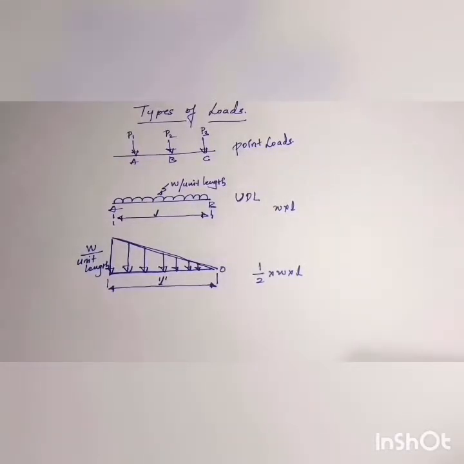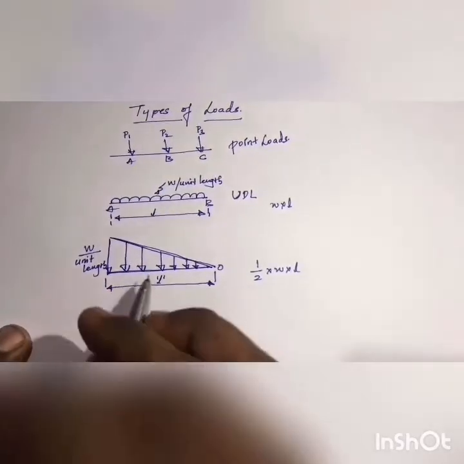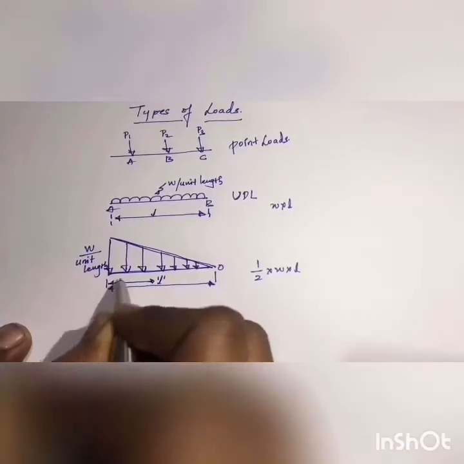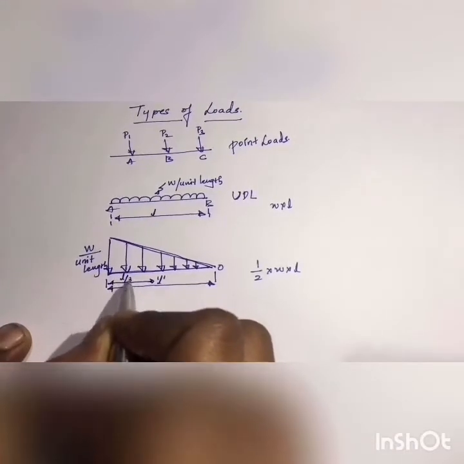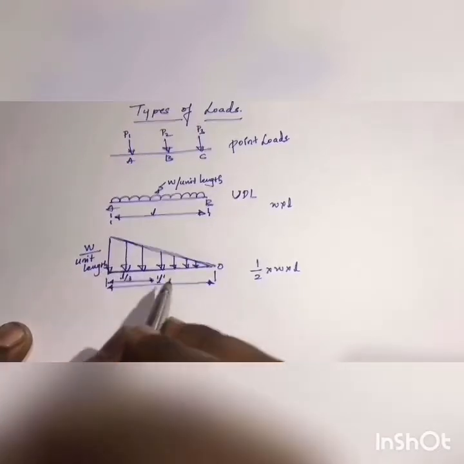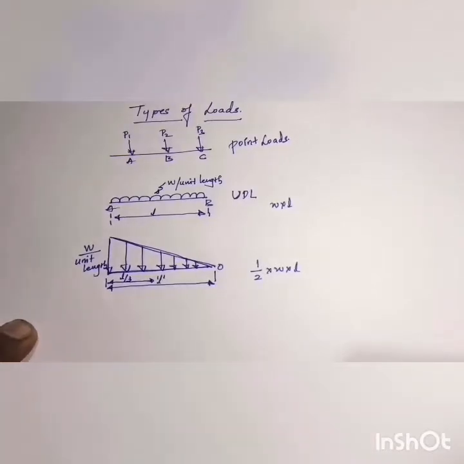The location where the equivalent point load of the UVL acts is at a distance of L by 3 from the bigger end, or 2 by 3 L from the smaller end.